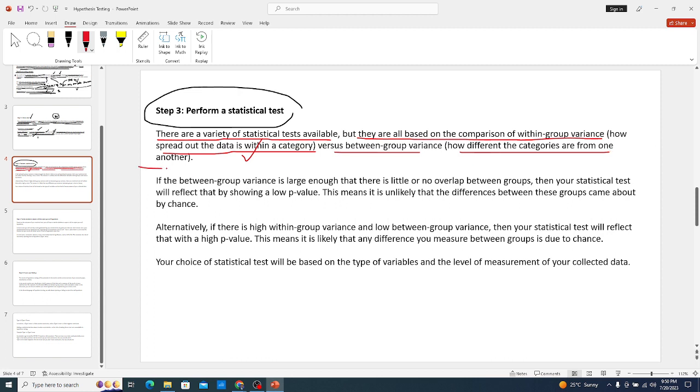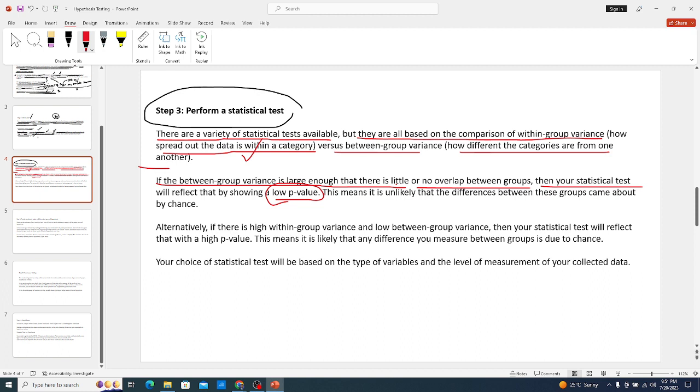which is how different the categories are from one another. So if the between group variance is large enough that there is little or no overlap between the groups, then your statistical test will reflect that by showing a low p-value.